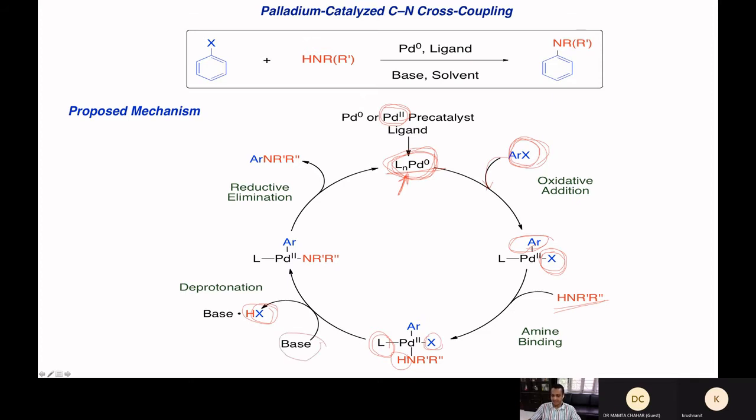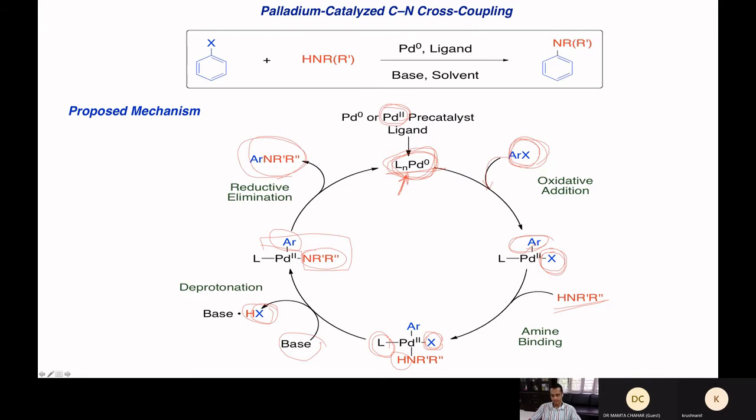So let's say HI or HBr or HCl goes out in this step, and you have a metal or palladium, benzene ring, as well as nitrogen. Now this carbon and this nitrogen form the bond by reductive elimination to give you aromatic amines.